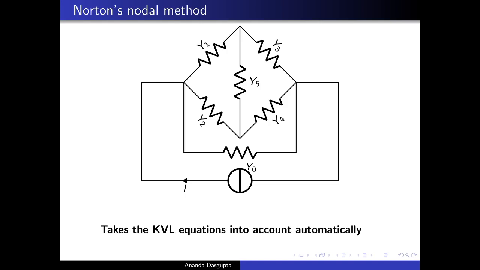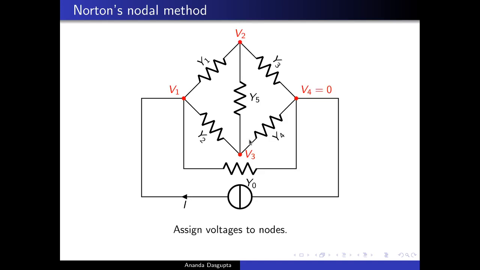So what you do at the beginning is you first of all identify all the nodes in the circuit. Nodes, remember, are places where 3 wires or more meet. This is one here, this one is here, another one is here, and one is here, and so on. So here in the circuit there are 4 nodes, and what we do is we assign voltages to the nodes V1, V2, V3.